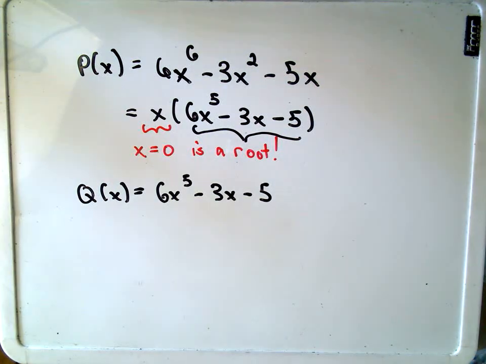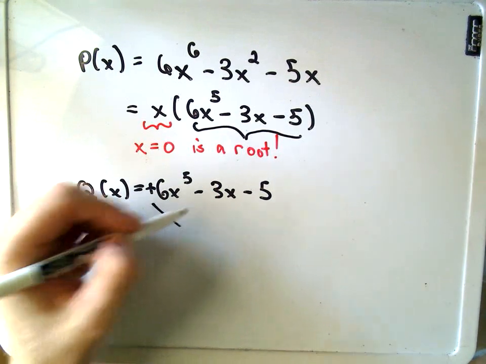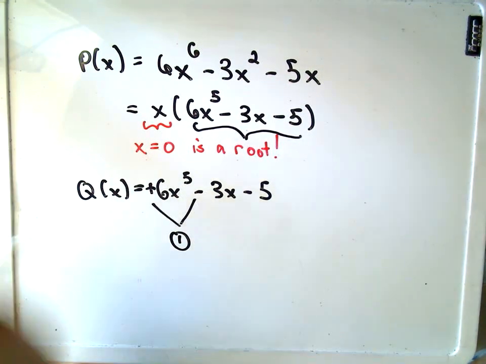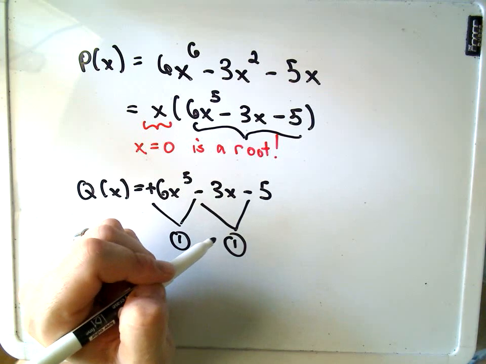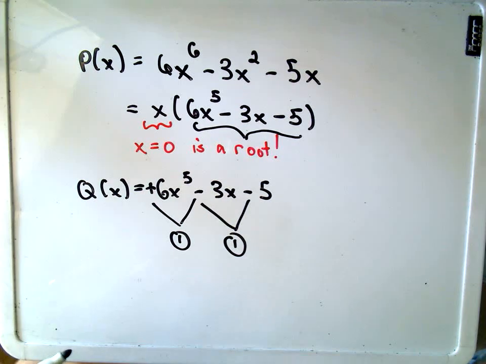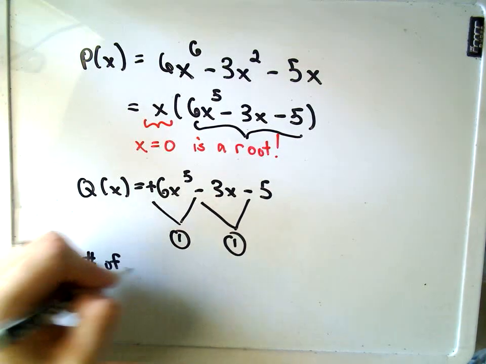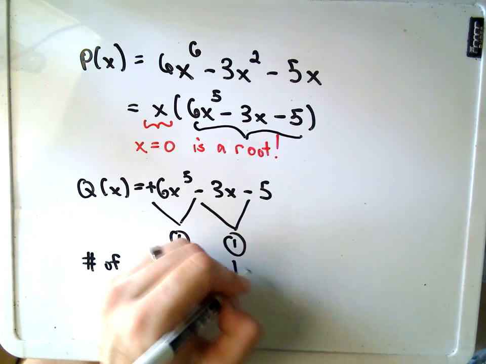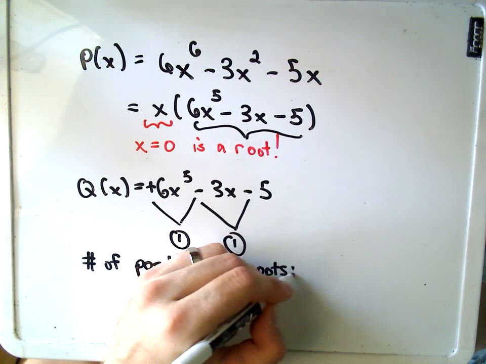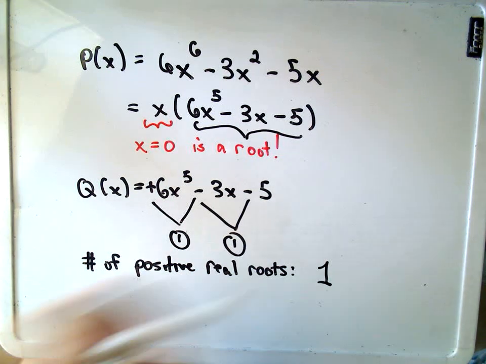Again, if we count the number of sign changes, it goes from positive to negative, so that's one sign change. Then it goes from negative to negative, so still only one sign change. So just like before, it says the number of positive real roots is either 1 or, well, there's no other possibility.